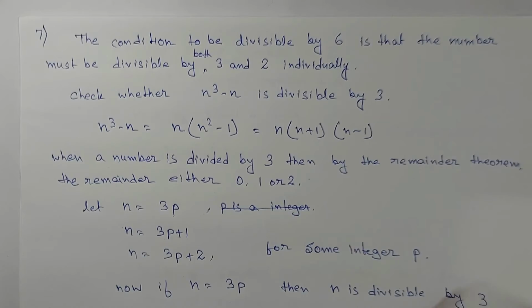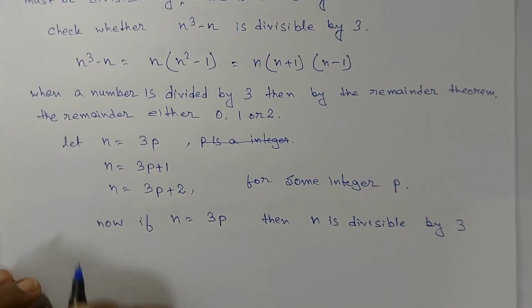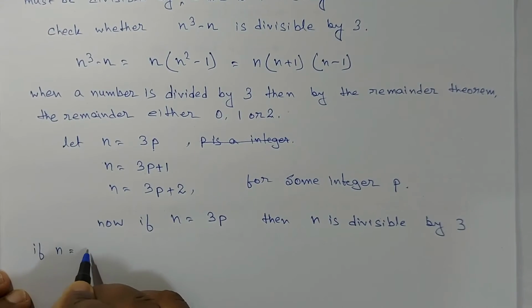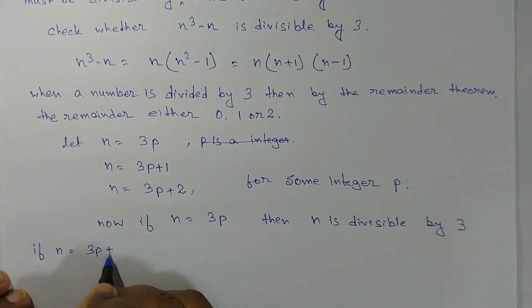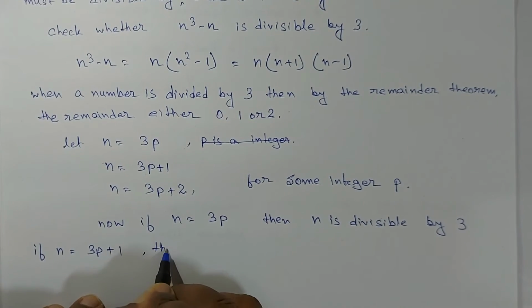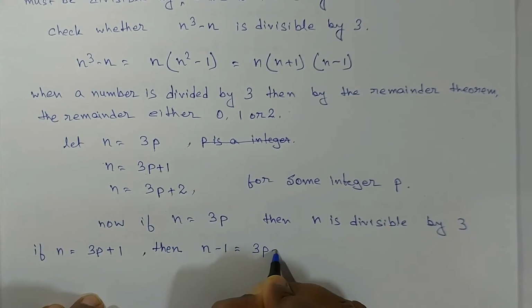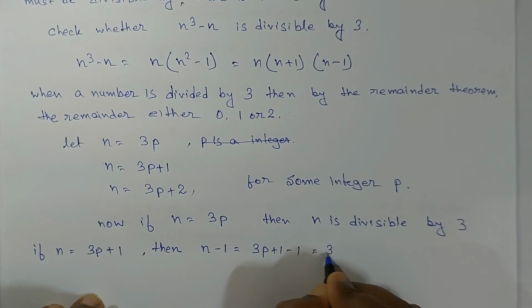Okay. If n is equal to 3p plus 1, then n minus 1 is equal to 3p plus 1 minus 1, which is equal to 3p.